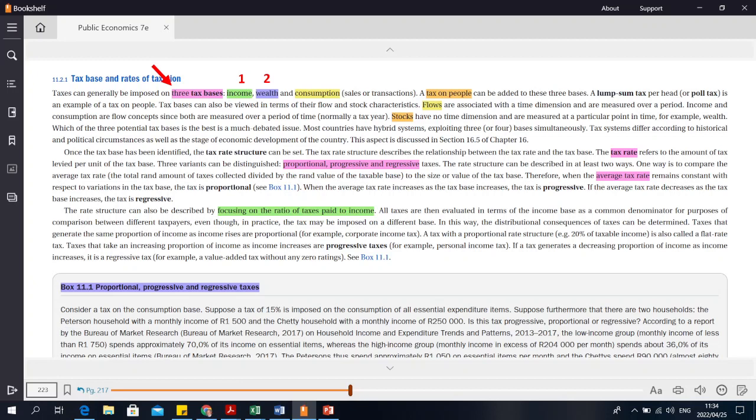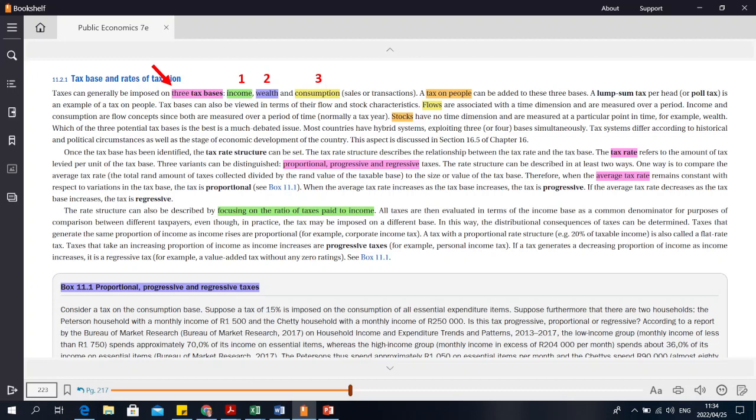For example, if you pass away one day, then you have an estate, which is wealth, or you have capital, and then the government can tax your wealth. Capital gains tax is also a form of a wealth tax, because if your capital increases in value, then they tax the increase in the value, and the base is wealth.